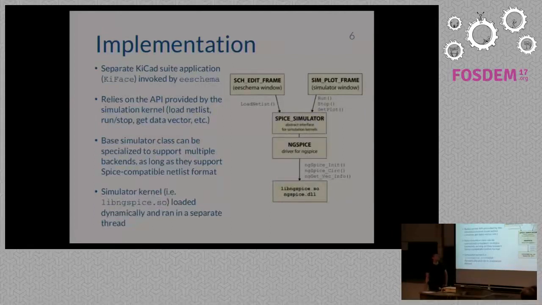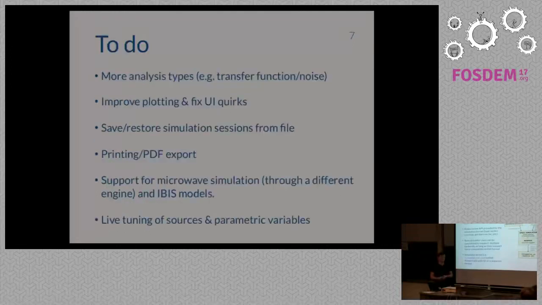Then they both use an abstract class called Spice Simulator, which provides an abstract API that is simulation kernel independent, provided that the simulation kernel supports a SPICE compatible netlist. Then we specialize that class, for instance here, to ngSpice, and we use libngspice.so or ngspice.dll, the dynamic library, using its native API. This way we can provide as many backends as we want, right?